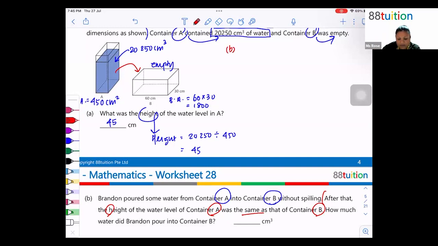So I'm going to write it here. For part B, the condition you have is equal height.